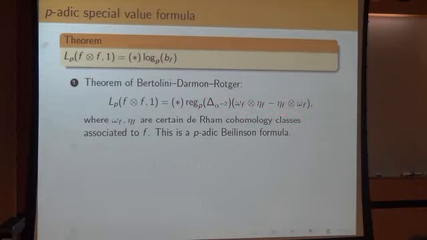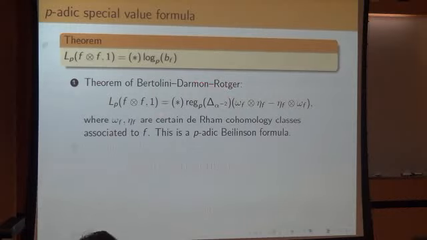So we get this, and the tensor product you view as in the H2 of S via the Künneth decomposition as H1 tensor H1. So the regulator of this difference turns out to give you the p-adic L function. And this is a p-adic Beilinson formula. So I'll state the classical Beilinson formula at the end of my talk, and this is a p-adic analog of that, proven by Bertolini, Darmon, and Rotger.